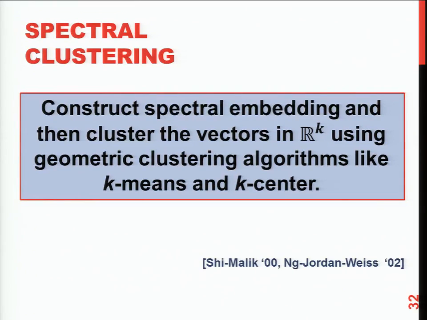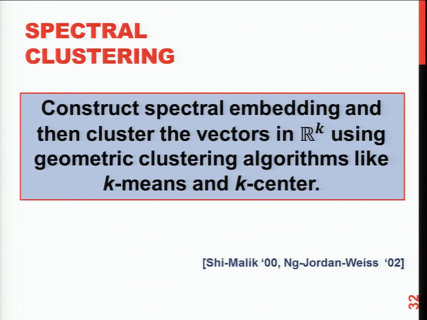If you have two clusters which are intertwined within each other, like one concentric circle and another concentric circle, then these clustering algorithms don't work if you just give them that. Okay. But on the other hand, if you first do this spectral embedding, then it turns out that these clusters become convex clusters in Euclidean space, and then you can run these standard clustering algorithms there.